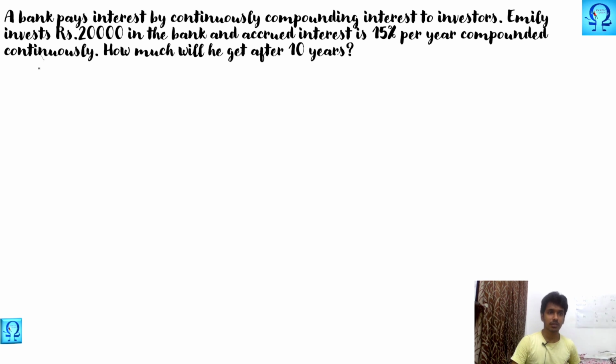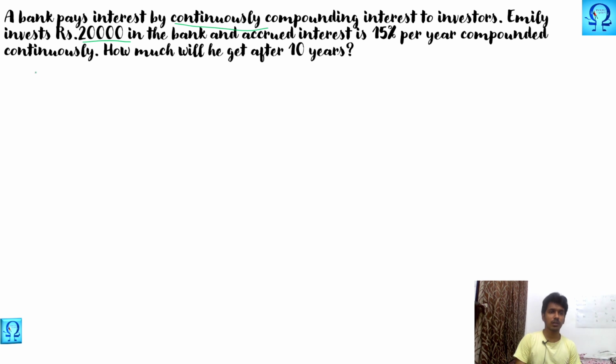In this problem, it is given that a bank pays interest by continuously compounding interest to investors. Continuous in the sense we'll have to make use of that e power, right? Emily invests rupees 20,000 in the bank.